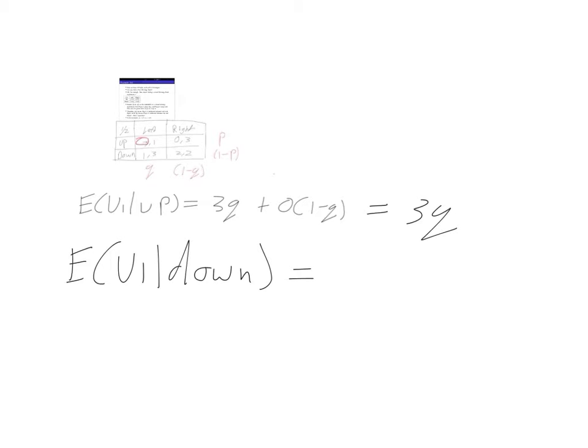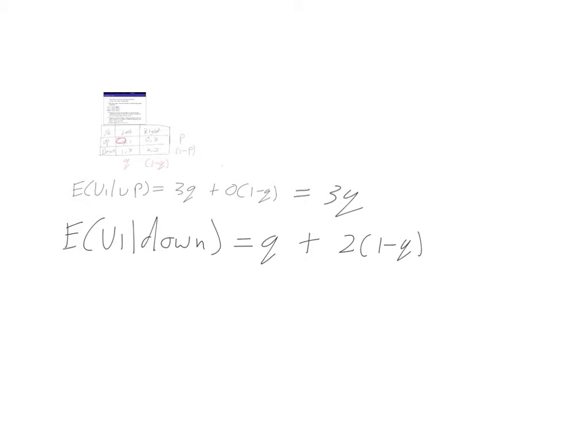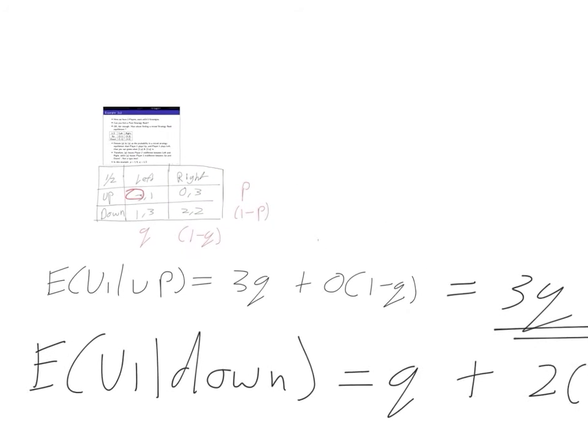So now we do the other thing for if player 1 is playing down, and that's going to be q plus 2 times 1 minus q. Once again, where is that coming from?